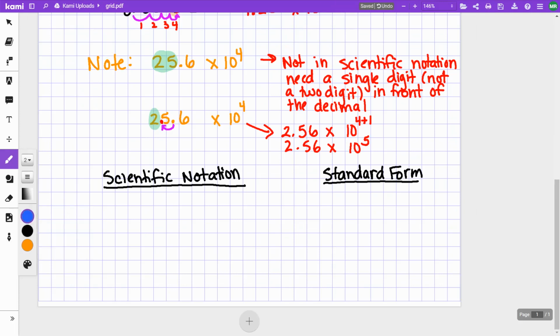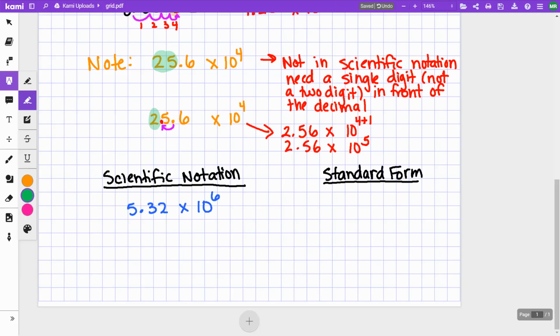So let's say I have 5.32 times 10 to the power 6. That would be scientific notation. Again, notice I do have a single digit in front, so it is going to be in scientific notation. Now, what does that look like here?